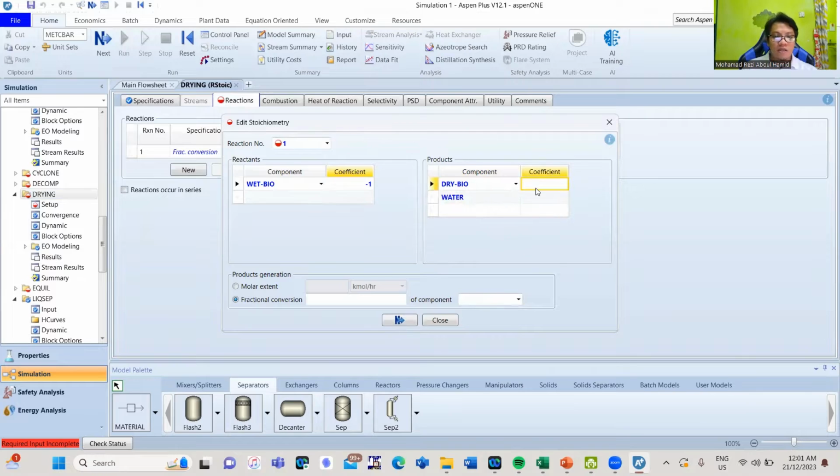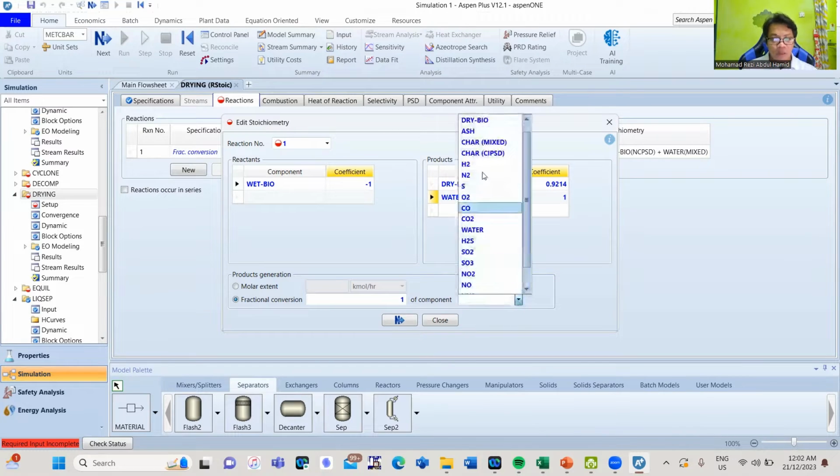Here is 0.9214. For water, I'm going to assume 1 first. How much is converted is 100%. 100% of wet biomass turned into dry biomass.